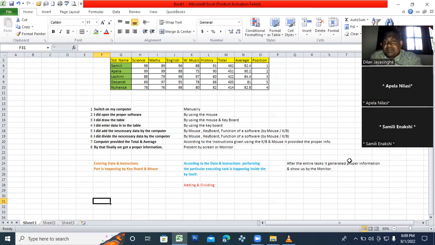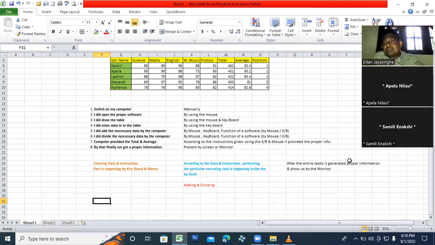Right? After the particular processing task, what did it do? It has already shown the final result by the monitor.